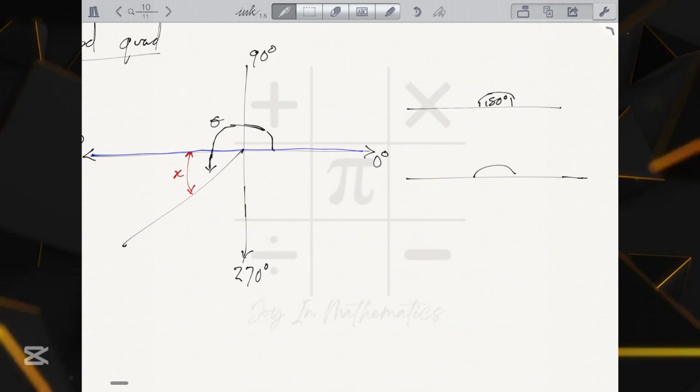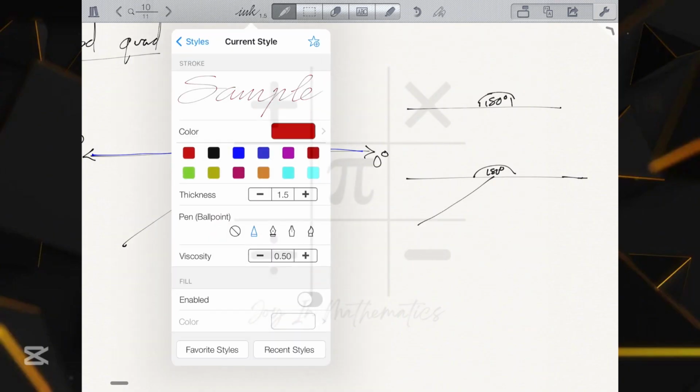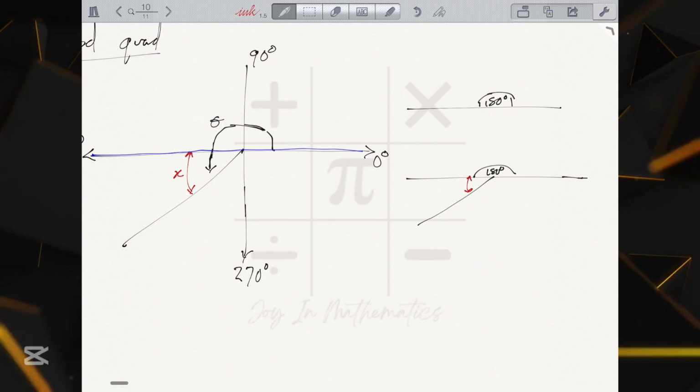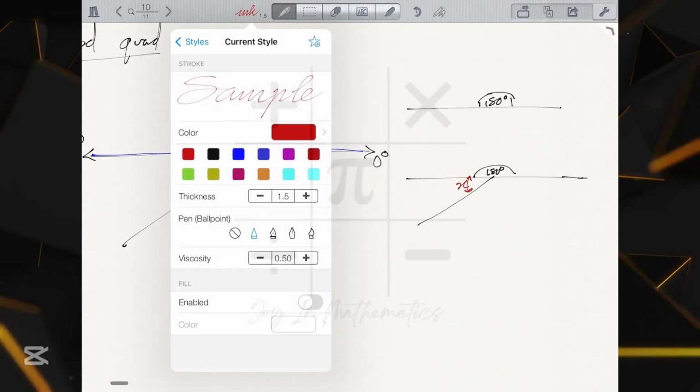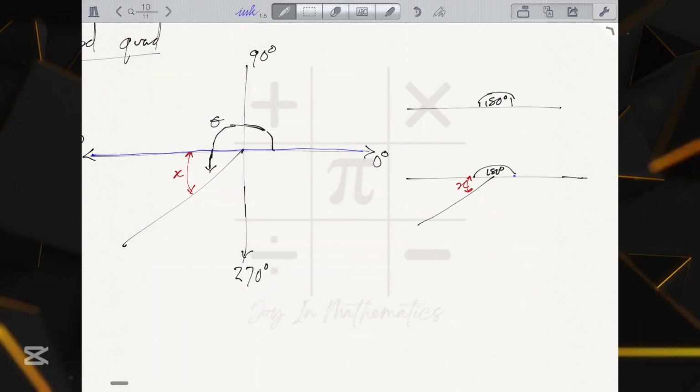We have 180 degrees. We have an extra angle called x, and the total angle in this case from the positive x-axis is theta.